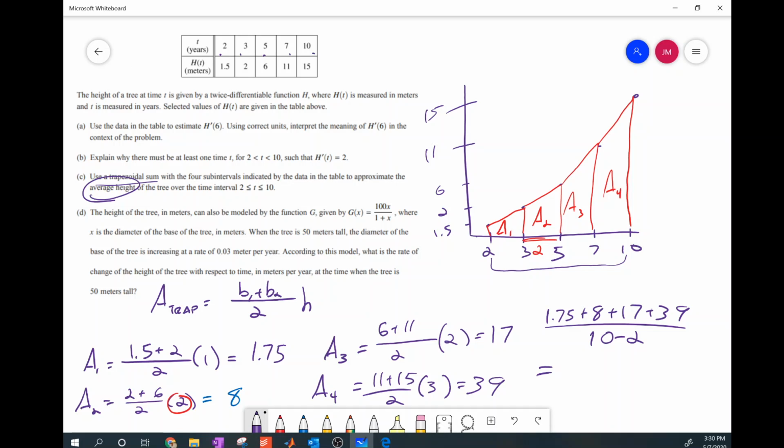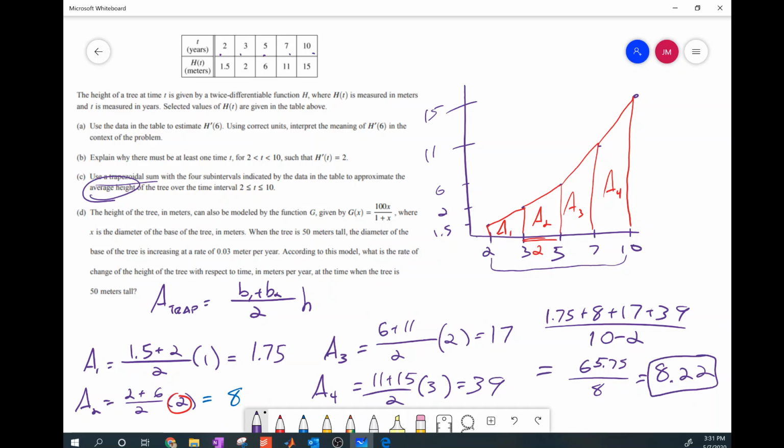When you put this into a calculator, you'll get 65.75 divided by 8, which as a decimal is 8.22.